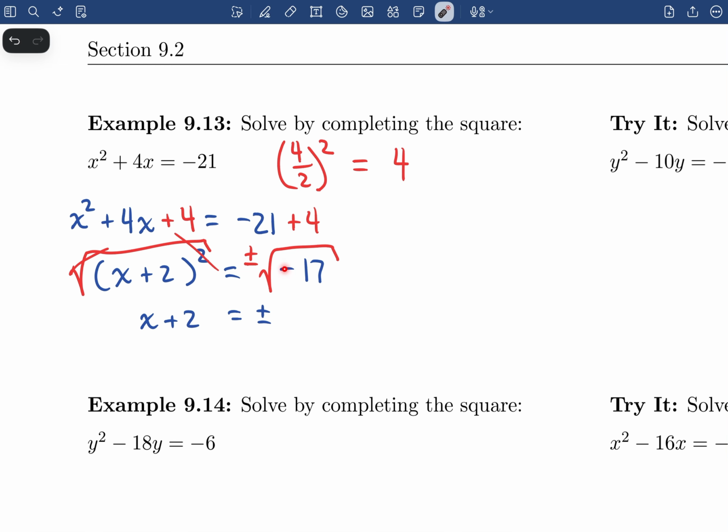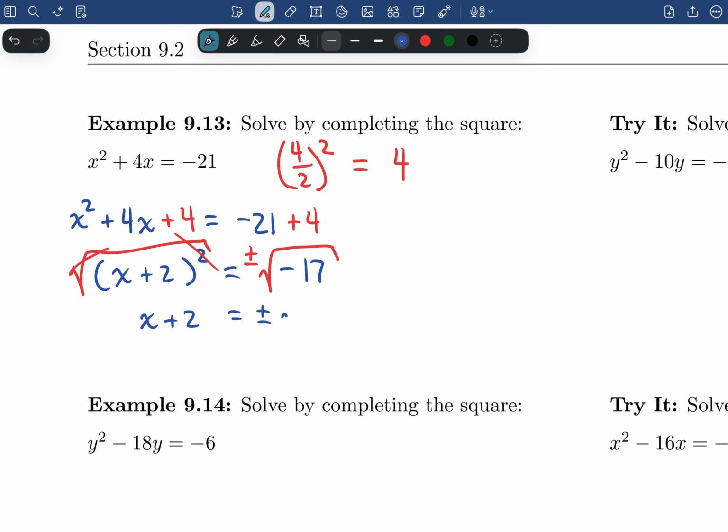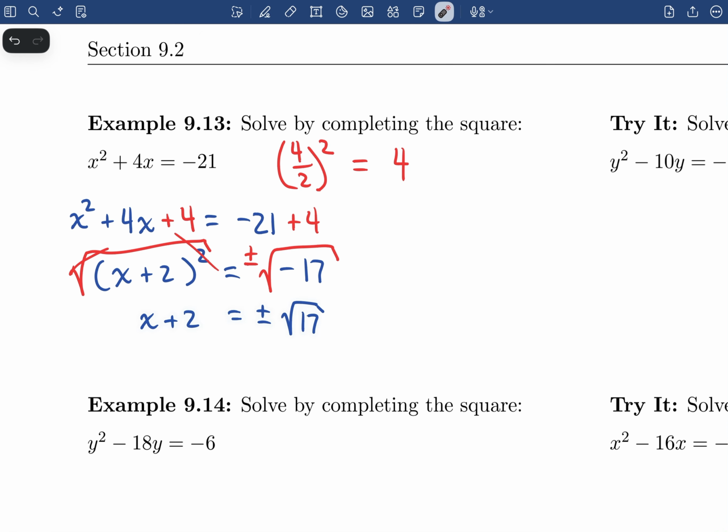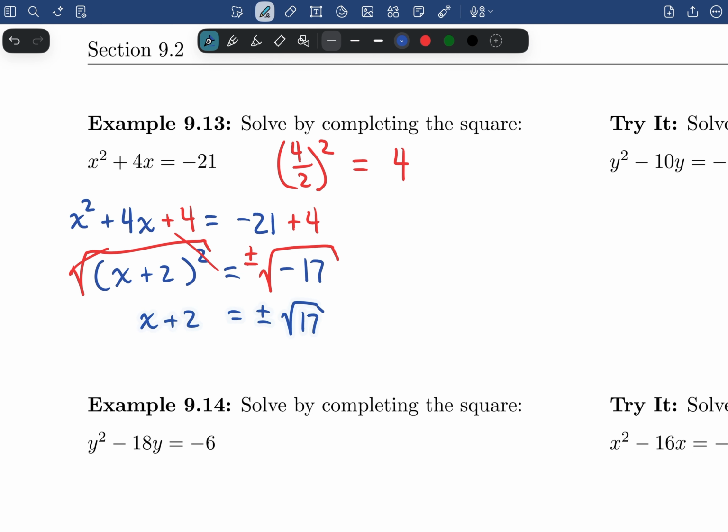Now remember, if you have a negative under a radical that's got an even index, this is a square root, so it's invisible, it's an index of 2, then you need to turn this into an imaginary solution. So I rewrite this as the square root of 17. Okay, but to get rid of that negative sign under that even radical, I multiply on an i afterwards.